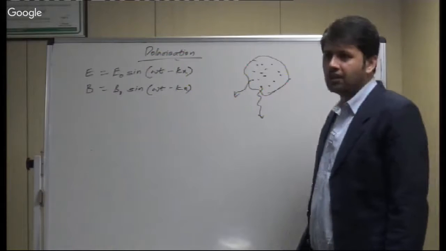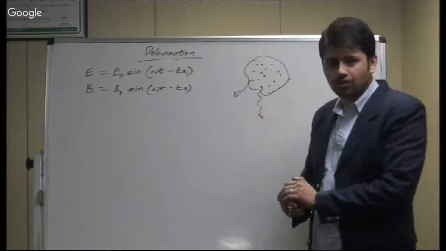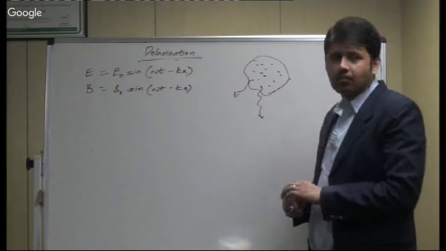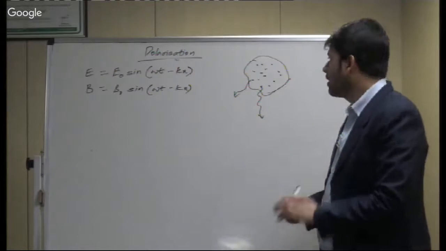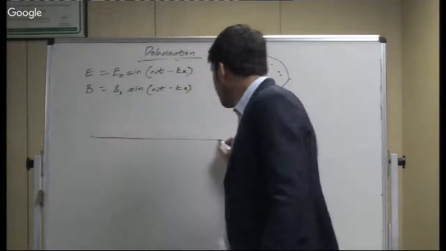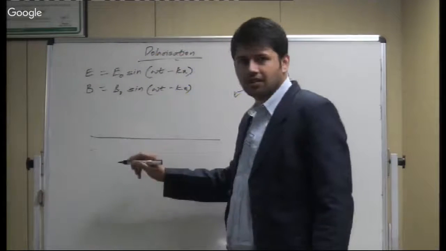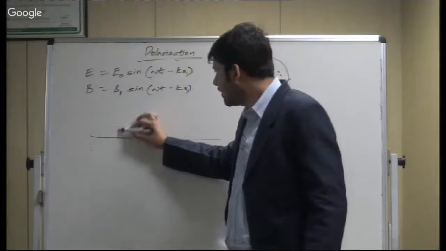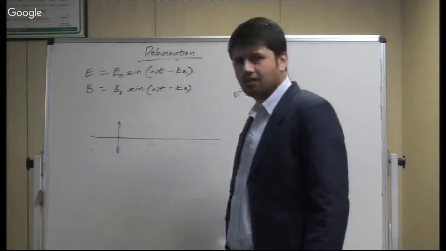So the light generated from this source won't be a single ray, it would be a bundle. Let us say for the first ray, the electric field is oscillating in this way.